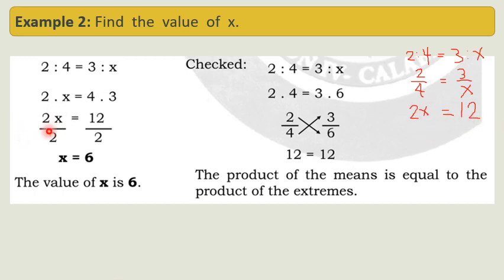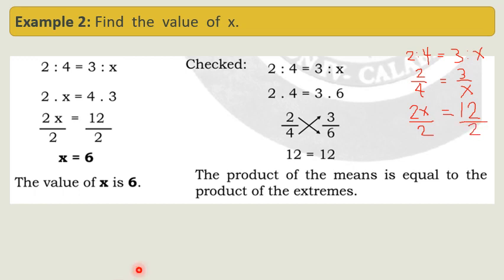Bakit may ganito dito? Ang gawin nyo lang dito is i-divide both sides sa kung ano yung katabi ng x. Ano ba ang katabi ng x natin? 2. Ibig sabihin, i-divide natin ito sa 2 at saka ito. Kung ano yung katabi ng x, yun po ang ipang-divide natin, siya ang magiging divisor. Di-divide natin ito sa 2 para matira na lang doon ay x.